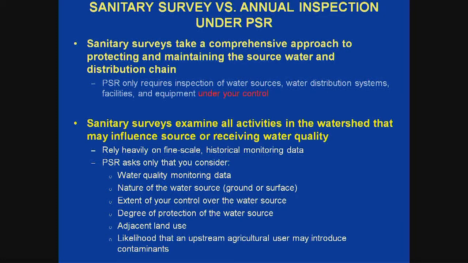But the produce safety rule asks only that you consider the water quality monitoring data, and they're requiring you to do that now. The nature of your source water, whether it's ground or surface, the extent of your control over the water source, the degree of protection of the water source, and then adjacent land use, so if you have grazing operations next to you, and also the likelihood that you might have a bad actor upstream that's causing problems with your water.